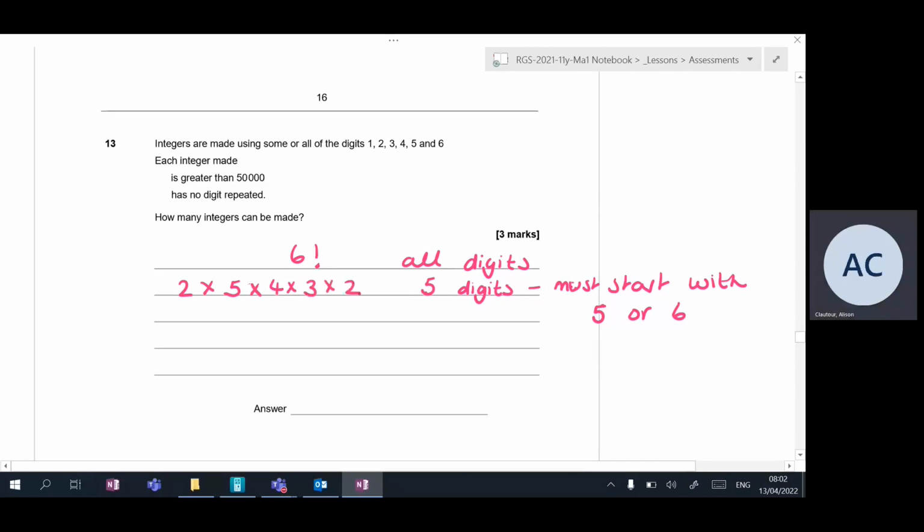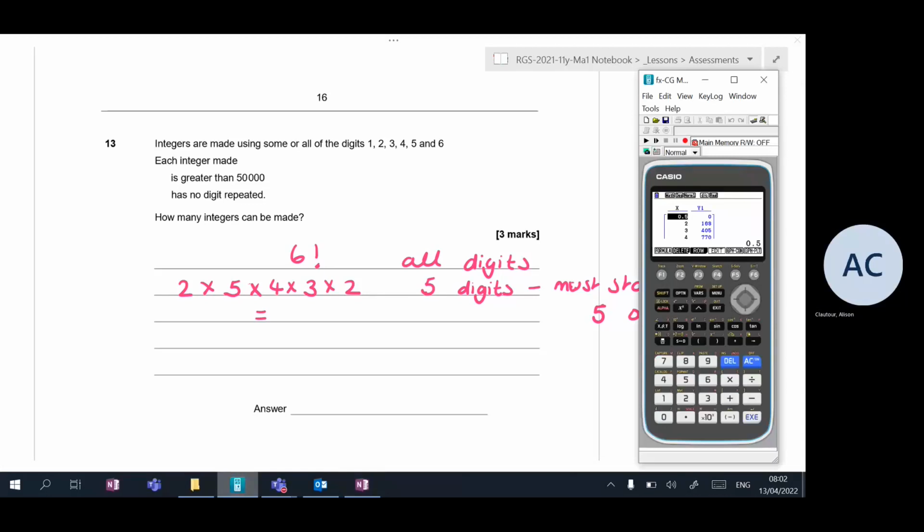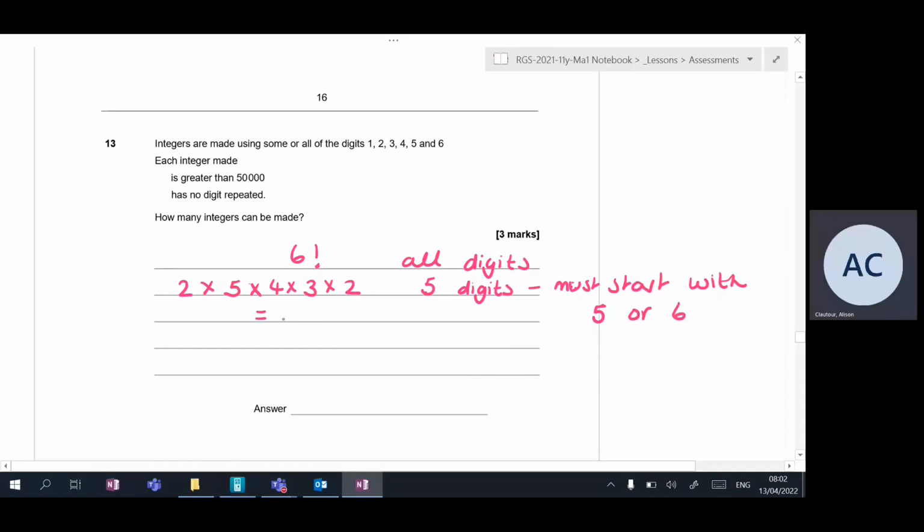And then the fifth digit, I've got 2. So we've got 2 times 5 times 4 times 3 times 2. So I've got 240 ways of picking a 5-digit number.